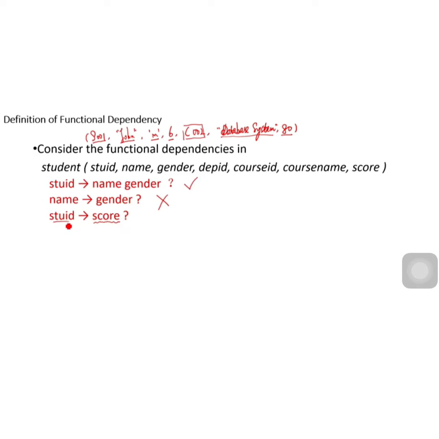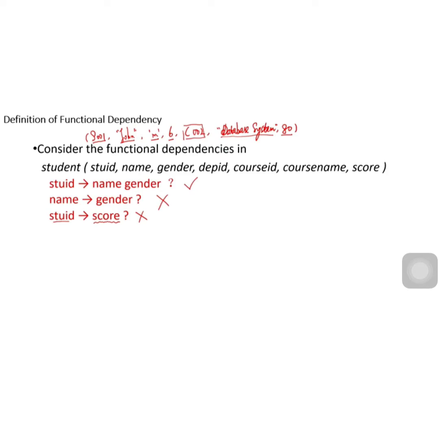Student ID identifies student. If any two tuples have the same value on student ID, then these two tuples are about the same student. But these two tuples may be about different courses. So they will have different values on score. So student ID functionally determines score does not hold based on our requirement.